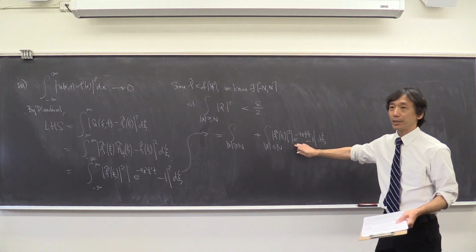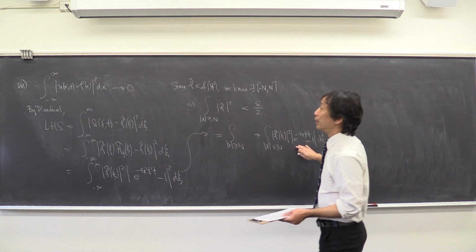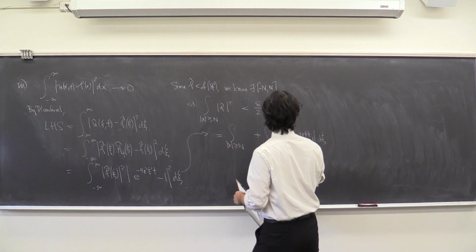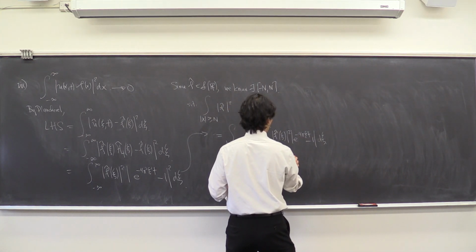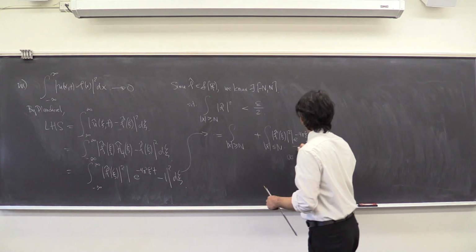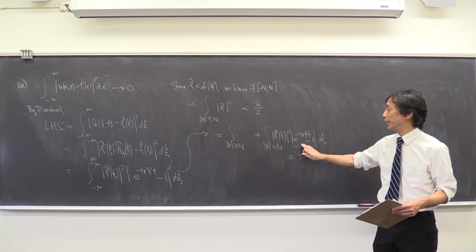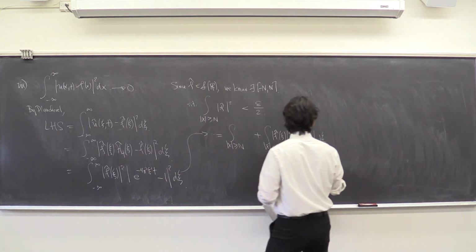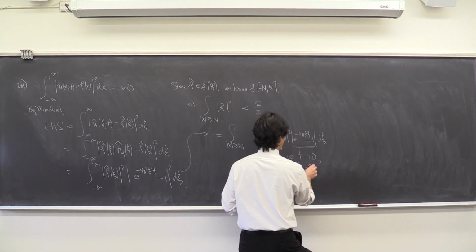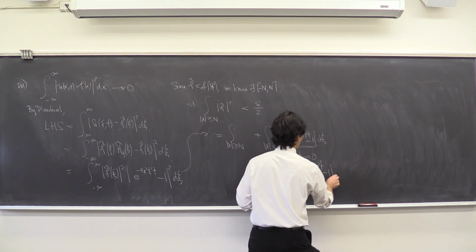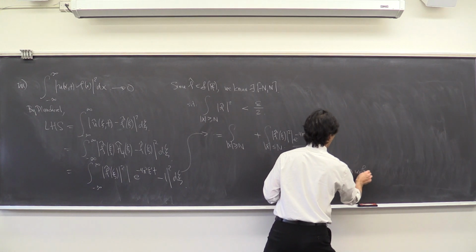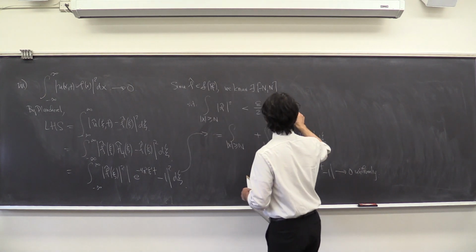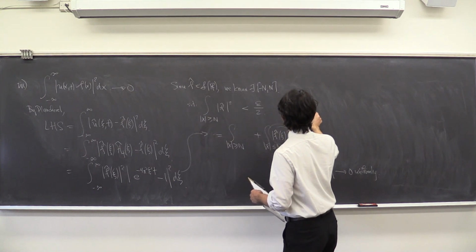And then inside, as t goes to 0, this thing goes uniformly to 0. This goes to 0 uniformly, and this is bounded.